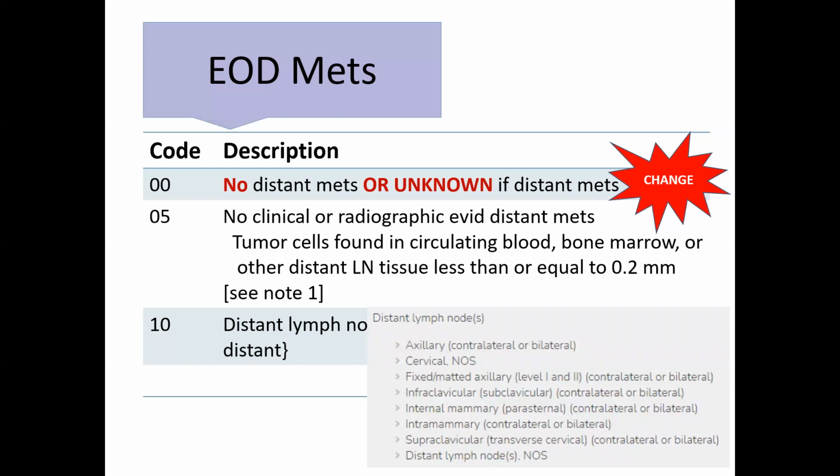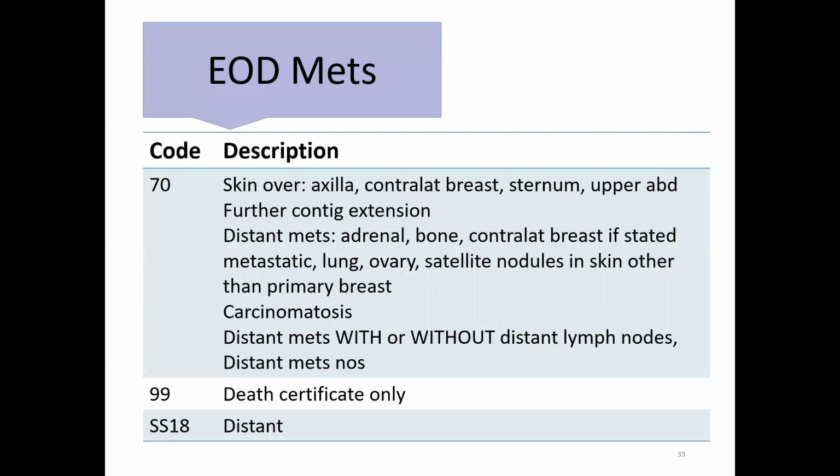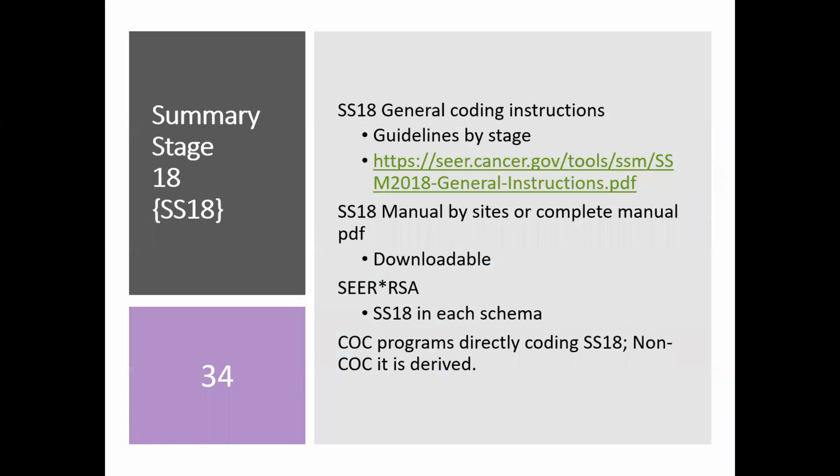So use your lists and try not to remember what those are. Okay, so code 70 includes METS in other areas with or without distant lymph nodes. Code 99 is no longer used for abstractors, and the sum stage then would be distant.